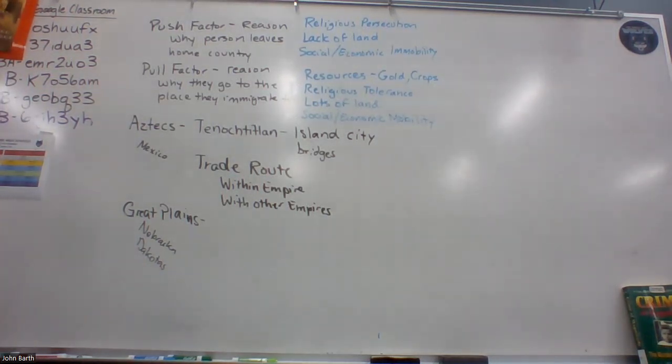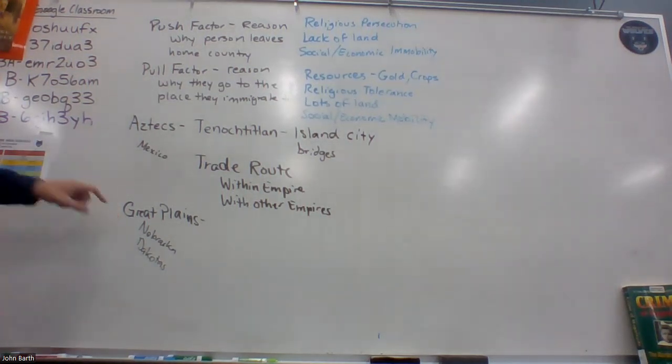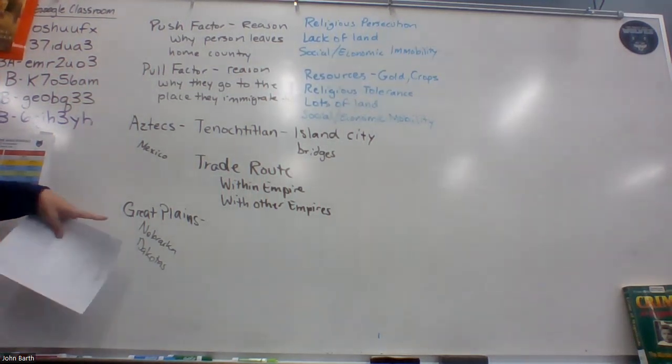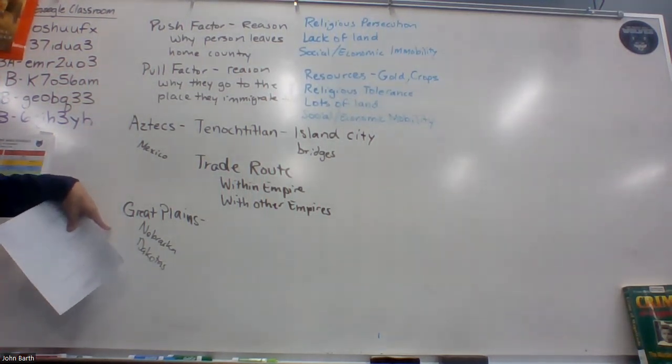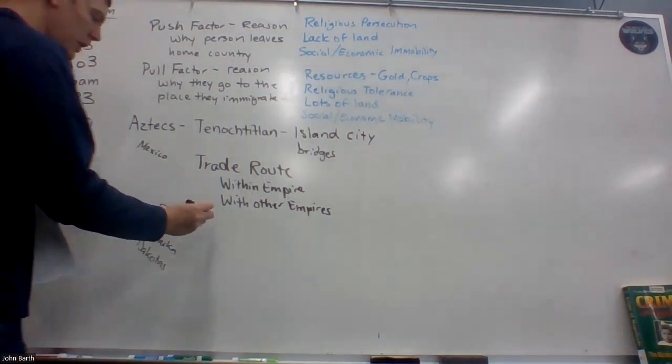This would go under the third one. How did Native Americans in the Americas transform and adapt to their environment? This one is the second thing on your bullet point, and it goes into the third one. Okay. So how did Native Americans specifically here in the Great Plains adapt to their environment? Buffalo. Nice.